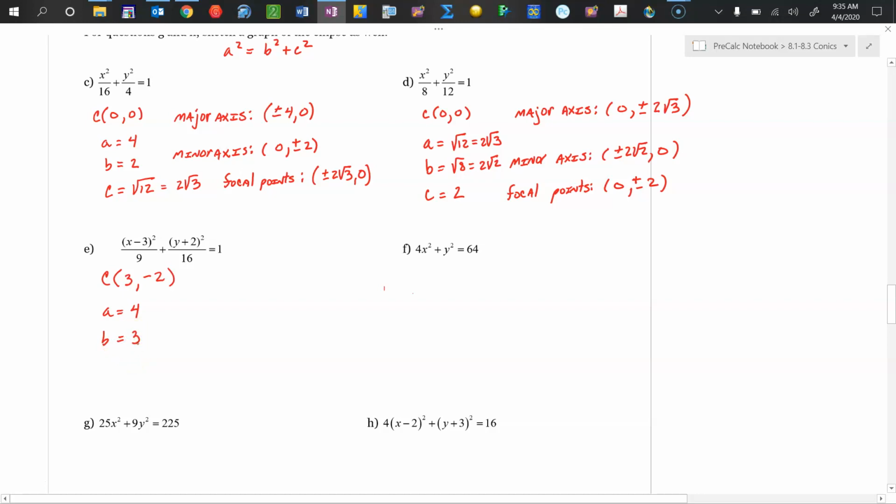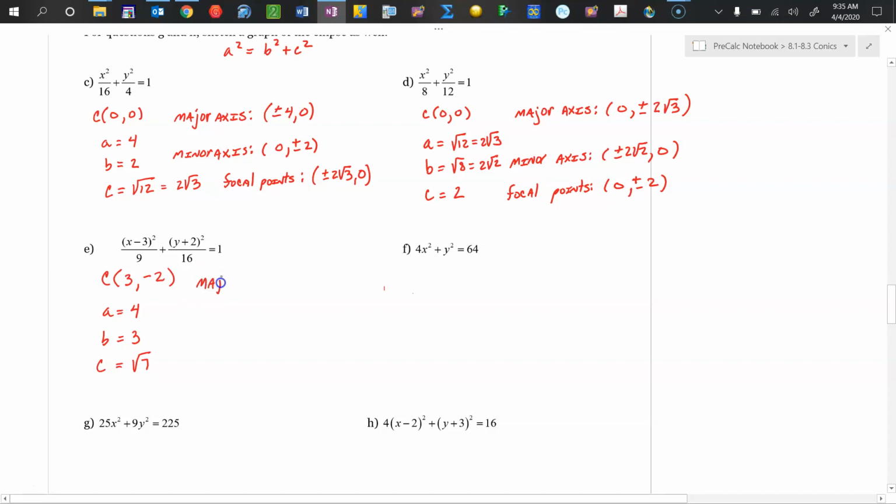And b squared plus c squared is equal to a squared, so you'd have to add 9 and 7 to get 16. So c is equal to the square root of 7. I also noticed that the larger denominator is under the y term, so this is going to be a vertical ellipse.